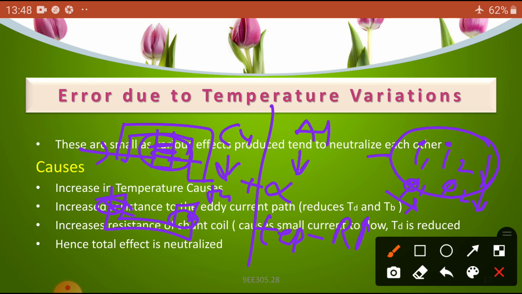If the temperature increases, its resistance also increases, then the current value decreases. Here the current value decreases, here the current value also decreases. The flux produced also reduces, here the flux produced also reduces. So both compensate each other. Then finally we are not bothered about temperature rise.